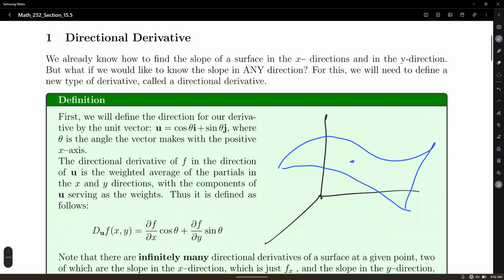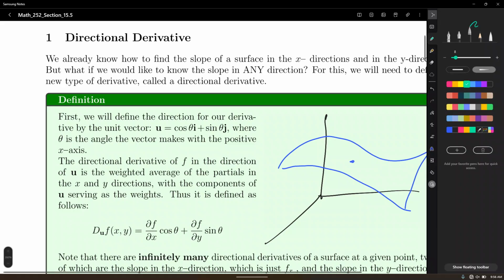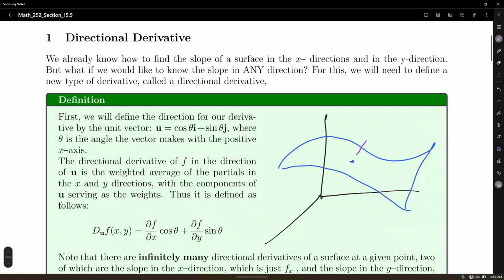This time it is on a surface, but because we have more than one variable, if we took the derivative with respect to x, that gave us the slope in the x direction. Notice how I'm trying my best here to draw a line that is parallel to the x-axis. So that is partial of f with respect to x, where this is on surface f.